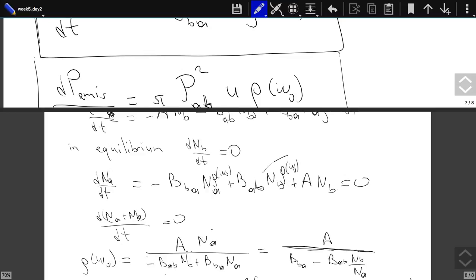Now in the numerator I should have A times N_B. So what I do is I just move the first two terms to the other side. So B_BA becomes positive, B_AB becomes negative. If I divide by N_B everywhere, here I have N_A over N_B.